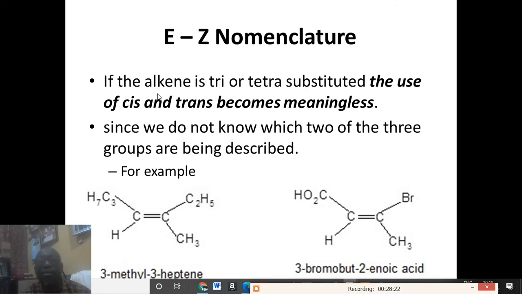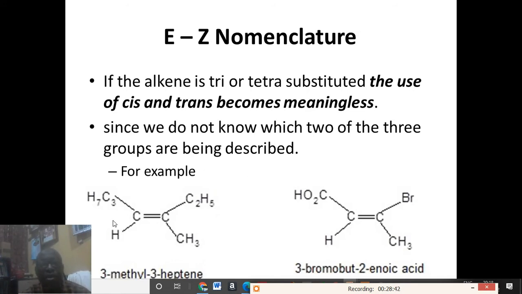If the alkene is tri- or tetra-substituted, the use of cis and trans becomes meaningless, since we do not know which two of the three groups are being described.